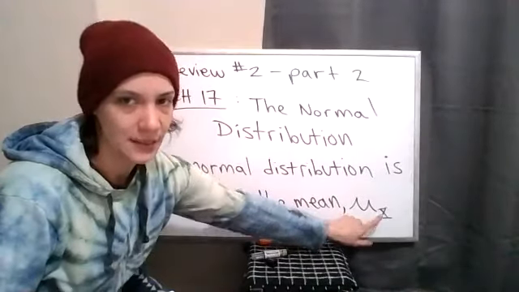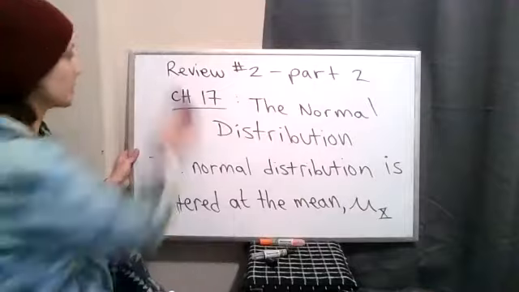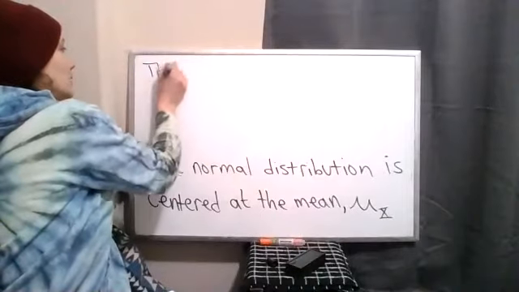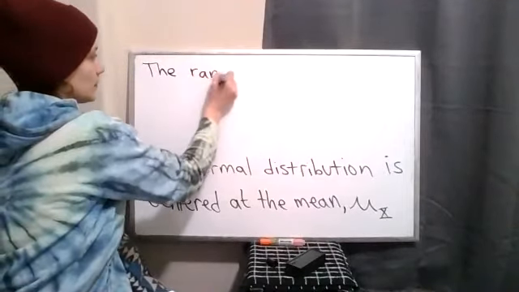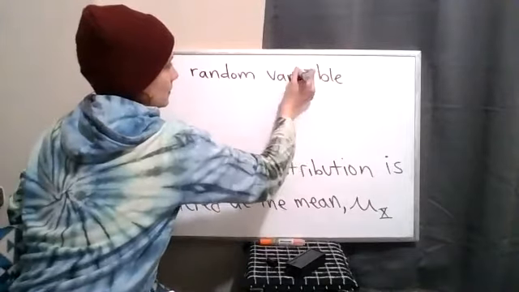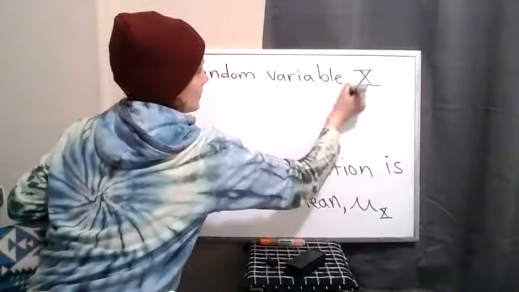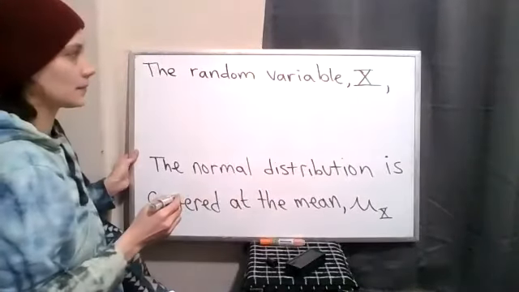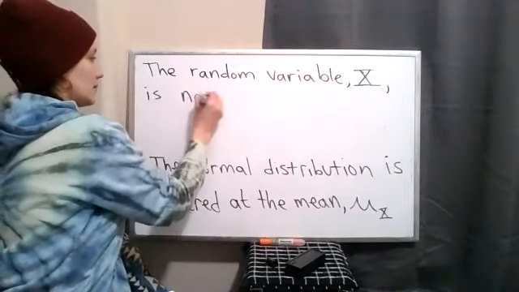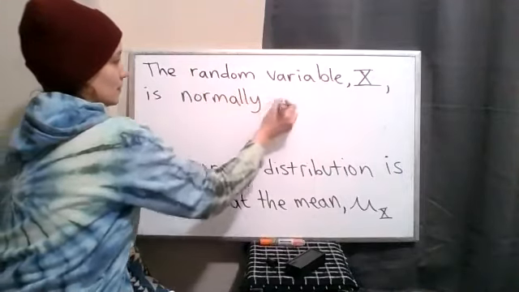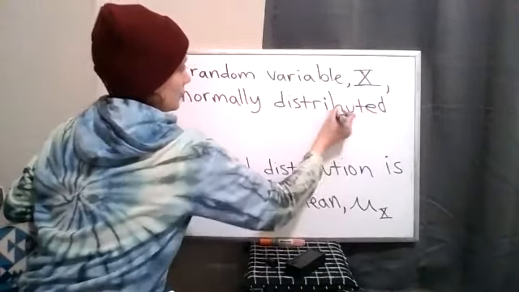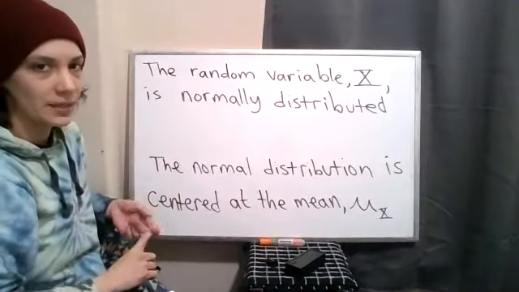I want to talk about x. The random variable x is normally distributed if it has a histogram that is bell-shaped.